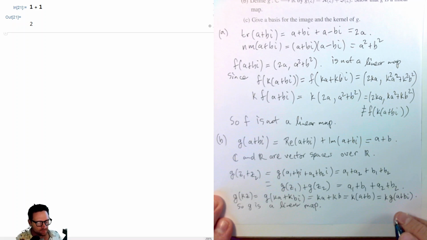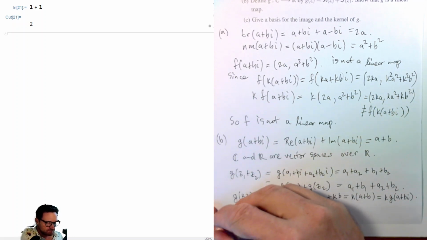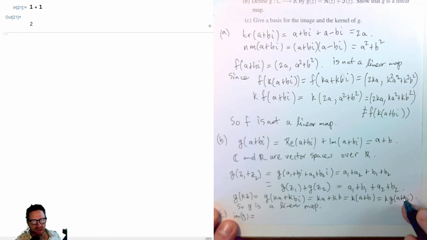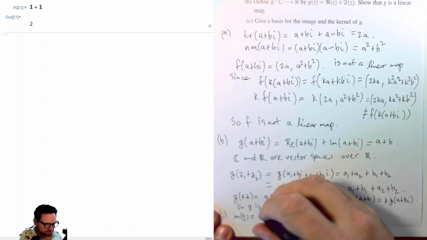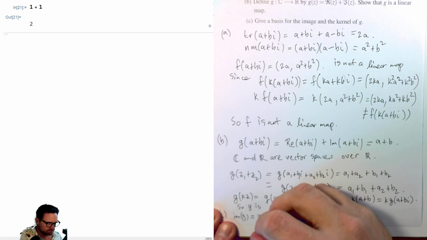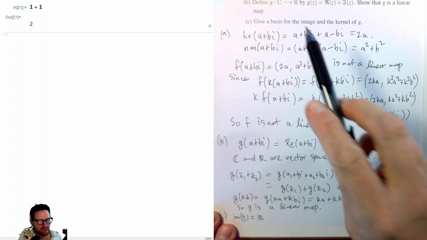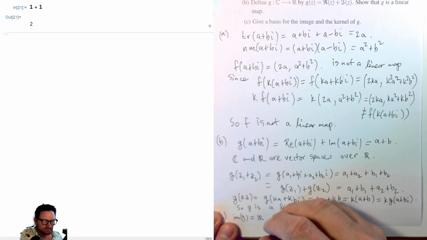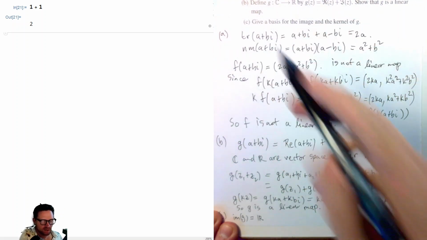Alright, so now for the image and the kernel. So image of G, what comes out of this map? Well, it would be the set of all real numbers. In other words, the map G is surjective because every element of the real numbers came from somewhere.